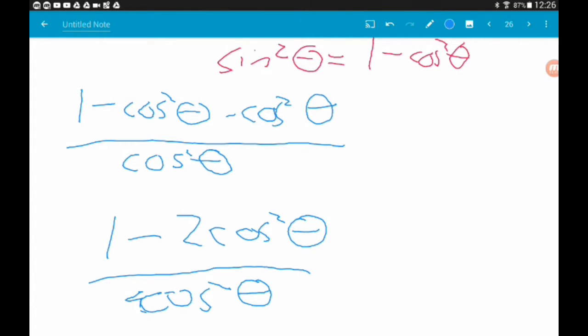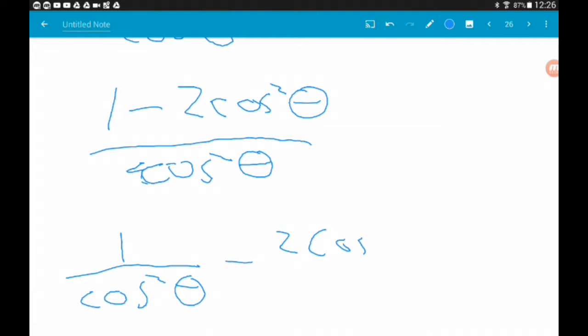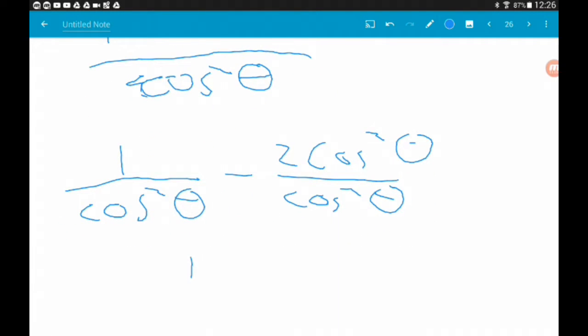Now we can split that up into 1 over cos squared theta minus 2 cos squared theta over cos squared theta, which finally simplifies to 1 over cos squared theta minus 2. Good times. Okay, so you might not need that many steps, but remember, I'm trying to make things as clear as possible.